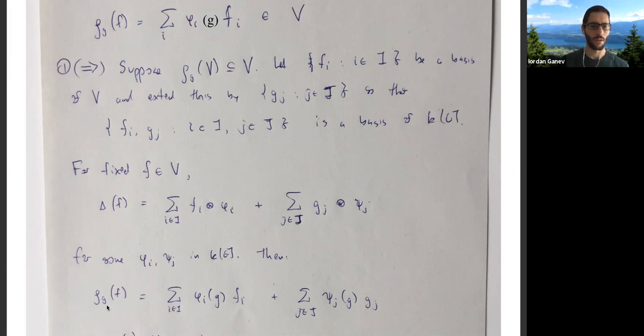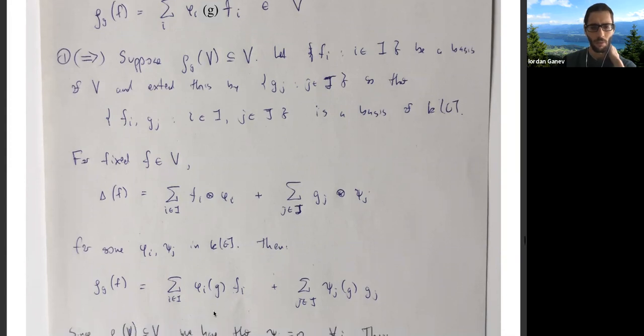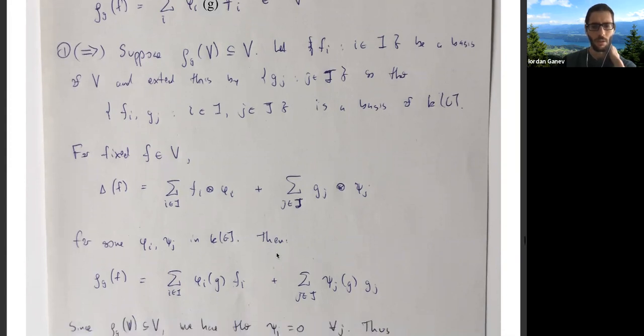So let's apply rho sub g to this f that we fixed, and what do we get? By a similar sort of argument that I gave in the first part. So I haven't spelled this out completely, but we get this result. So this comes from taking this notation that we fixed, and using an argument similar to what was up here.